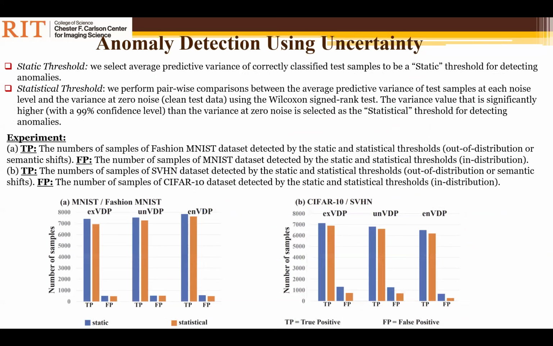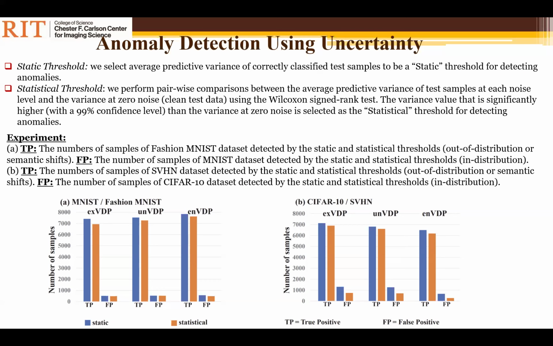So what we did, we ran an experiment where we trained the model on the MNIST dataset, which is the handwritten digit dataset, and we chose another dataset which is very close to it, but with different types of classes. It's called Fashion MNIST, which are objects of different clothes. It's different from the digits, but it has a similar structure, the same image size, 28 by 28, and they are also grayscale.